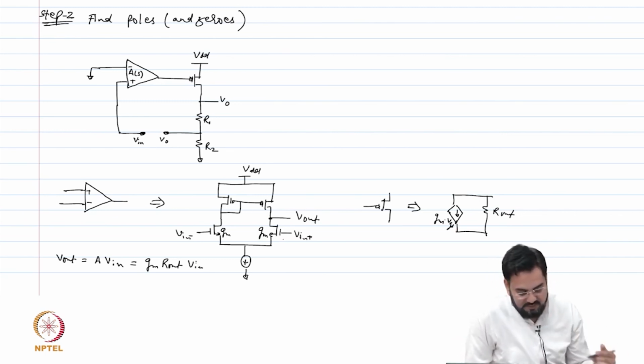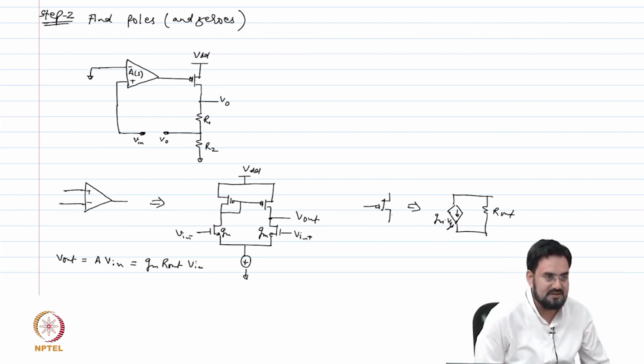And the same thing for NMOS also. So, the GM comes from this VCCS, and R out is the equivalent resistance looking into the drain of the transistor. Okay.